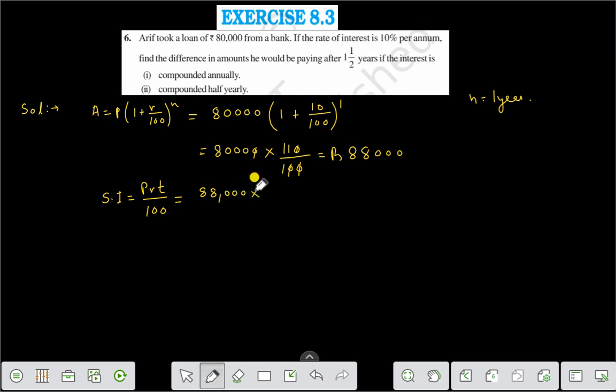The rate of interest is 10%, 10 by 100, and time is half year, that is 1 by 2.